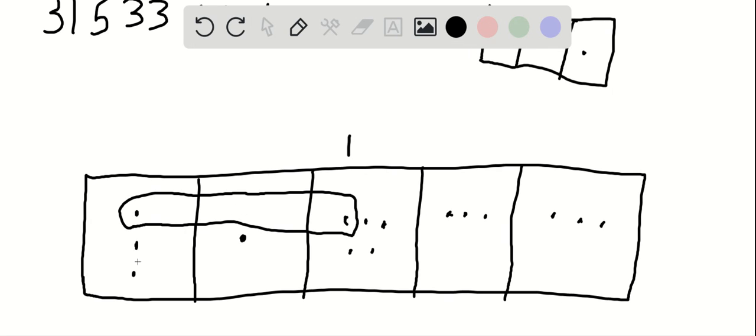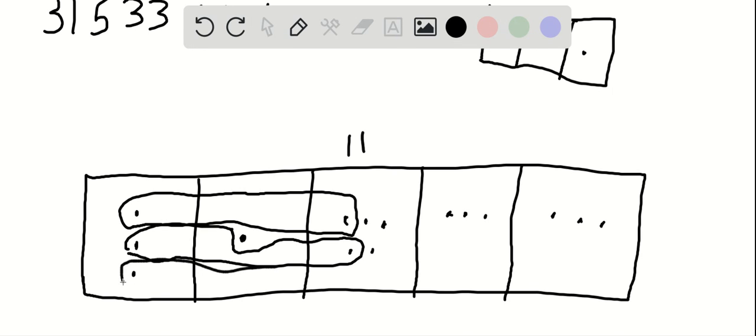I see another one dot, zero dots, one dot. Another group at the hundreds level. Another one here, one dot, zero dots, one dot. Another group at the hundreds level.